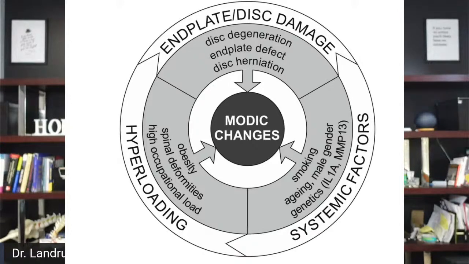It could be because of an occupational load, due to how your job has you lifting things. And there are other causes, like systemic factors that can predispose you to having issues, like smoking, aging, male gender, and then certain things with genetics that can be a cause.